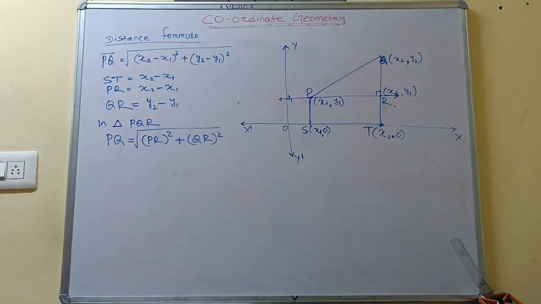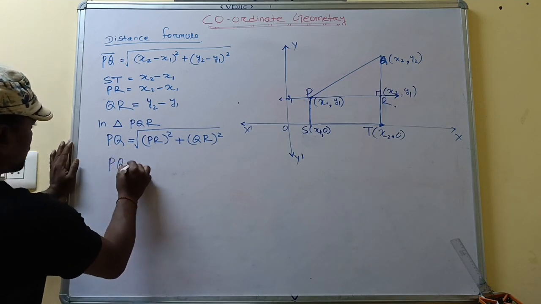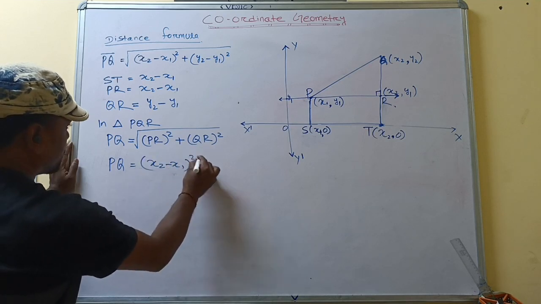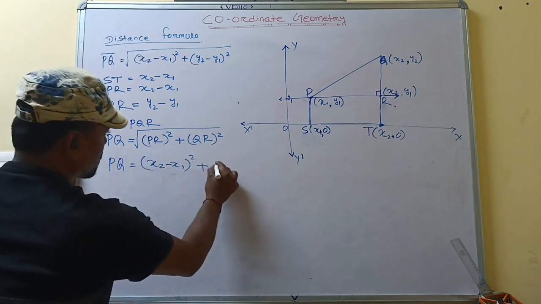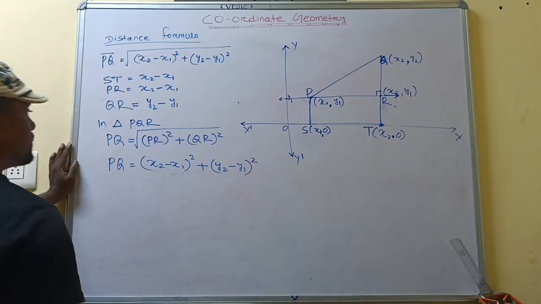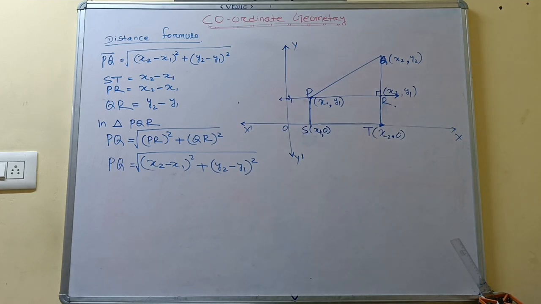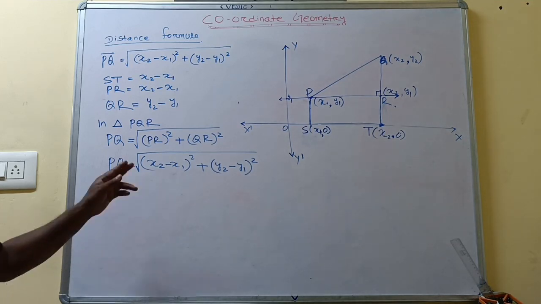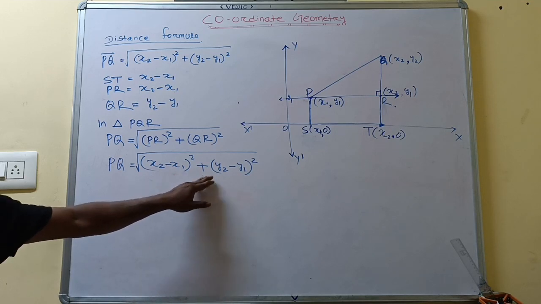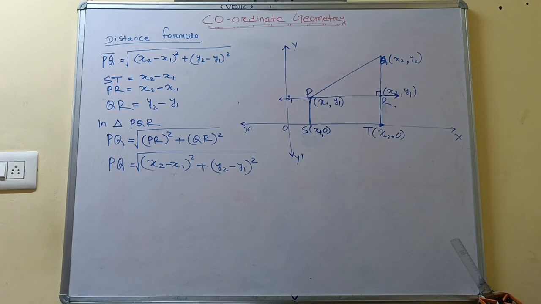If I put the value of PR as x2 minus x1, then PQ is equal to the square root of x2 minus x1 whole square plus y2 minus y1 whole square. So the distance PQ in the distance formula is the square root of x2 minus x1 whole square plus y2 minus y1 whole square. This is the formula for distance.